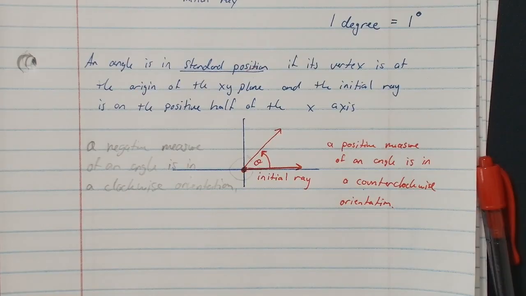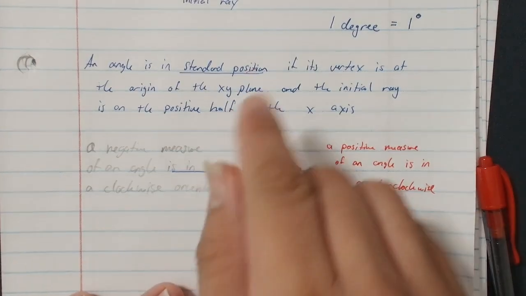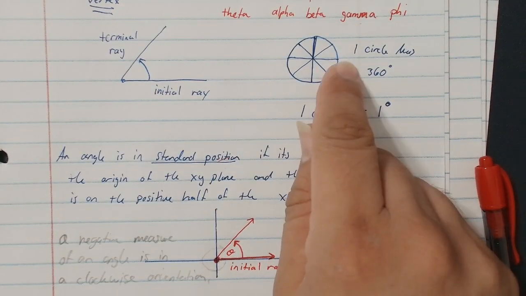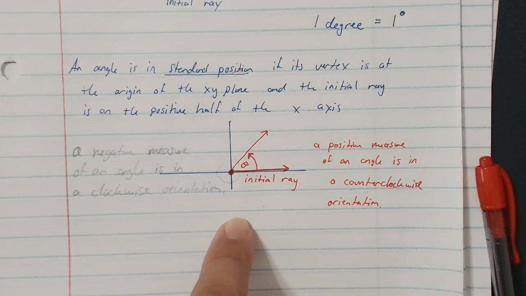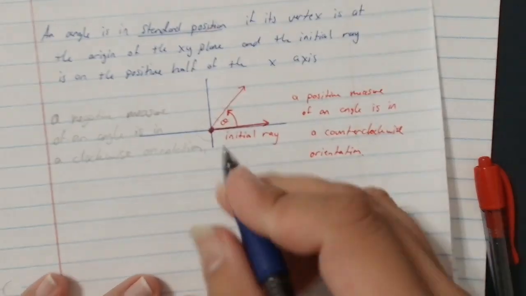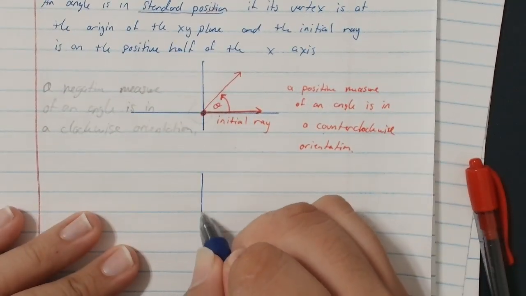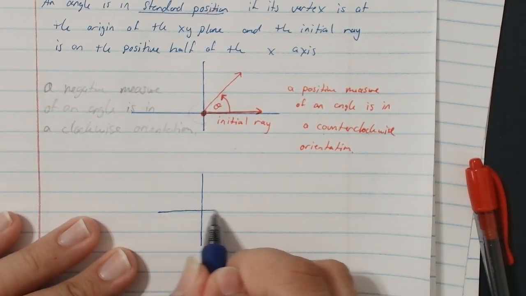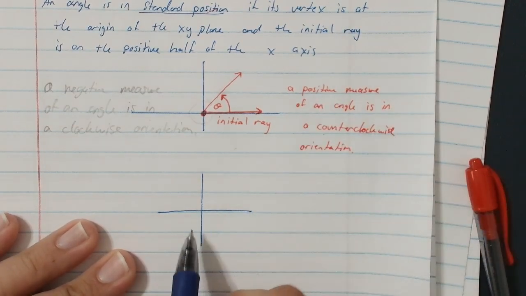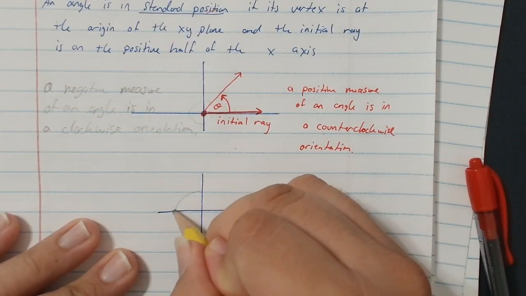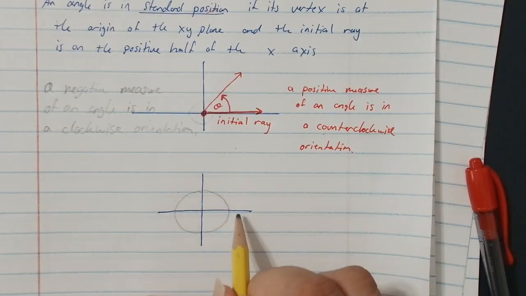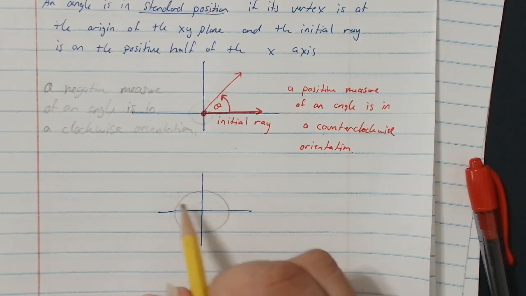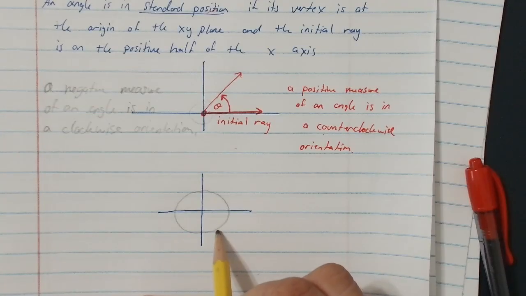Okay, now we have seen that a circle, a full revolution, is 360 degrees. Well, right here, if I'm looking on the XY plane, each quadrant would hold 1/4 of a circle that was centered at the origin. So if I had a circle like this, the 360 degrees that make up its full rotation would be equally divided into these 4 quadrants.